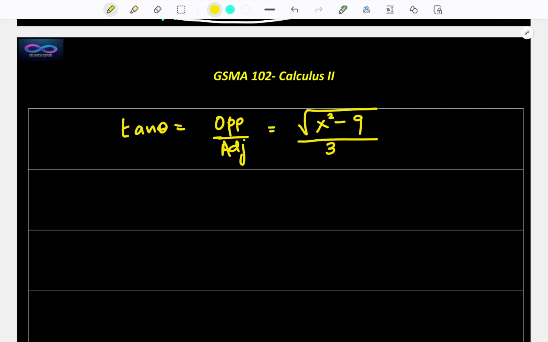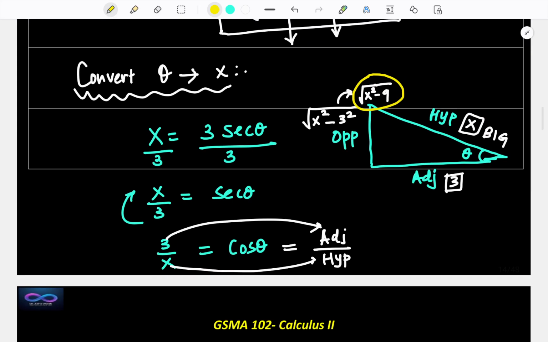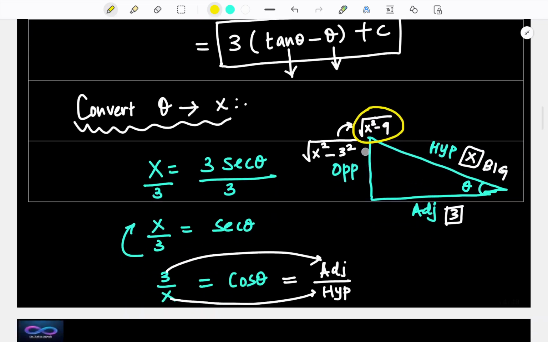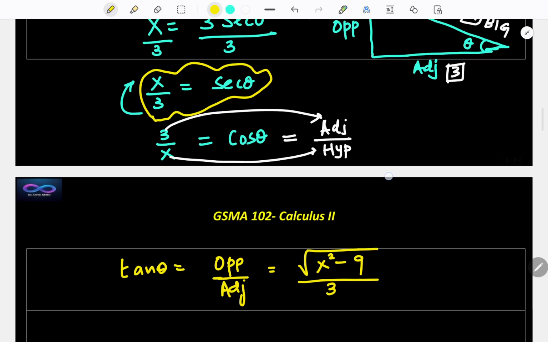Now we want to find theta. We cannot get theta from this triangle; you have to get it from the equation only. This is your equation: x by 3 is equal to secant theta, or x is equal to 3 secant theta. Either you take this or this, no problem.